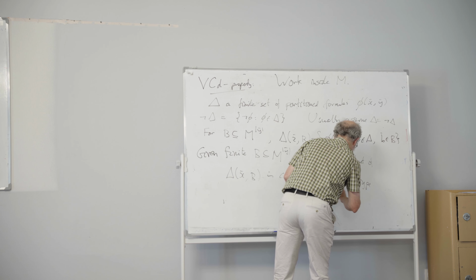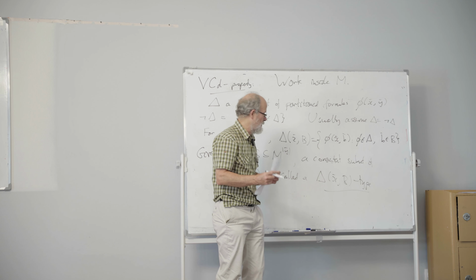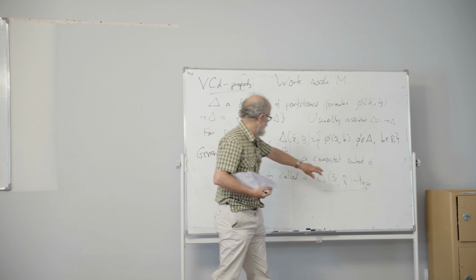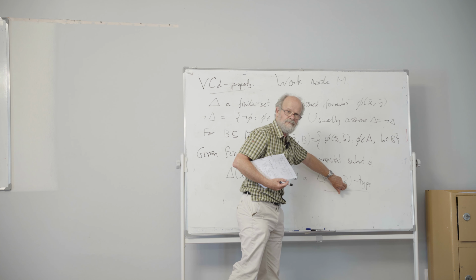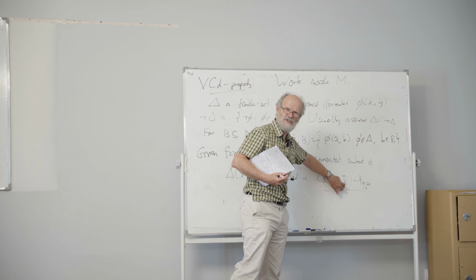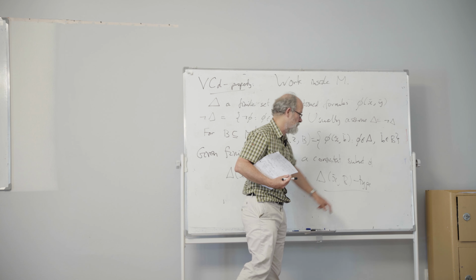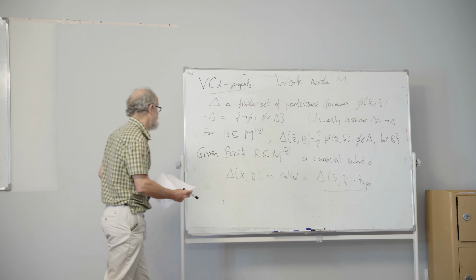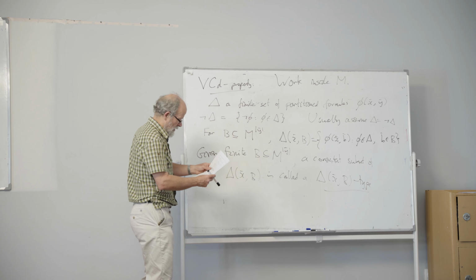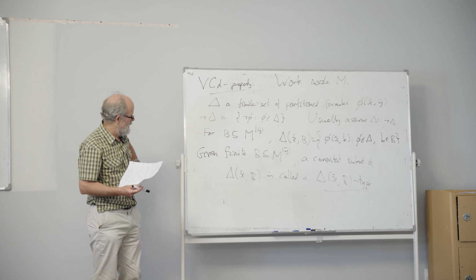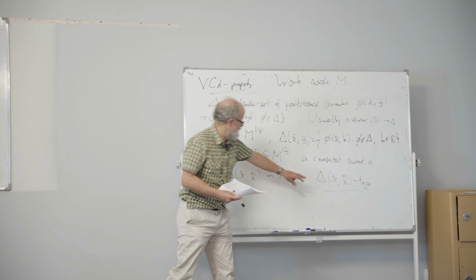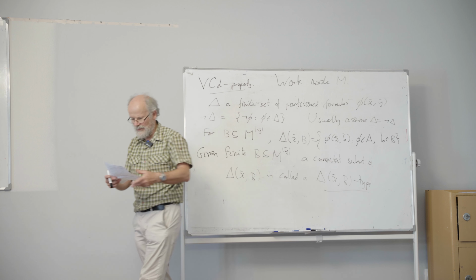It's like a type over B, except that we're thinking of B as a set of tuples, tuples of length of y. That's the slightly unusual thing here. We're going to be interested in counting types, or methods for doing that.